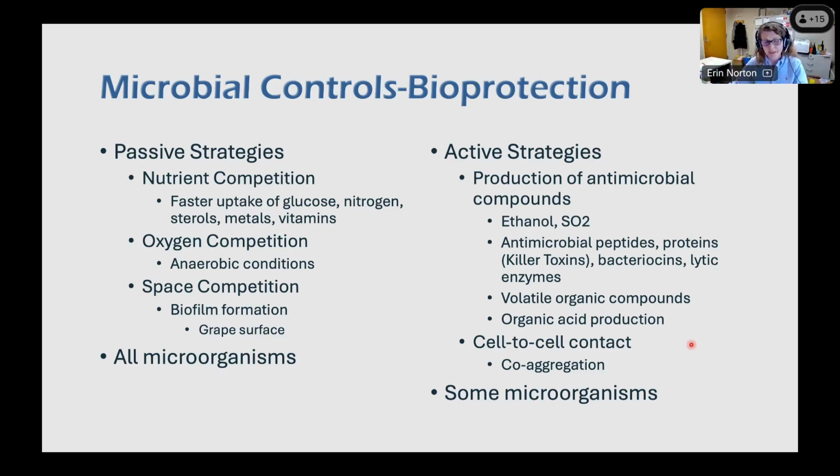So active strategies, it depends what you're using, but Saccharomyces cerevisiae is pretty good at all of these. So, more benefit, it's high alcohol tolerance, it produces some nice aromas and things like that. And it also has some nice bioprotection. So we got lucky, I suppose, that we chose Saccharomyces cerevisiae to do our wine fermentations, and it just has all these other potential benefits.